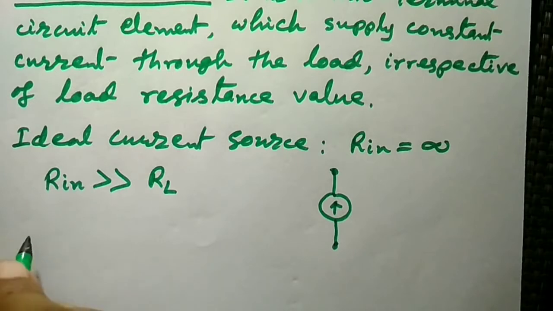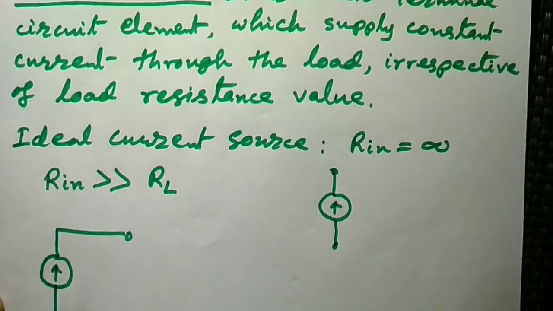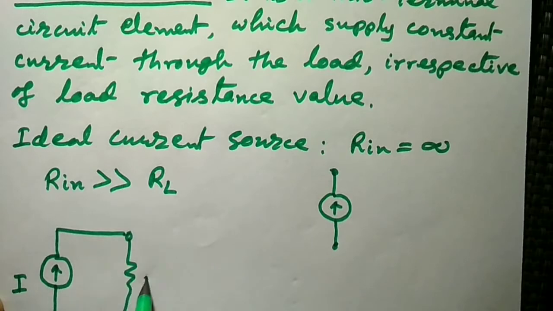For an ideal current source, the circuit element can be shown like this. This is the current source and the load resistance is connected here.